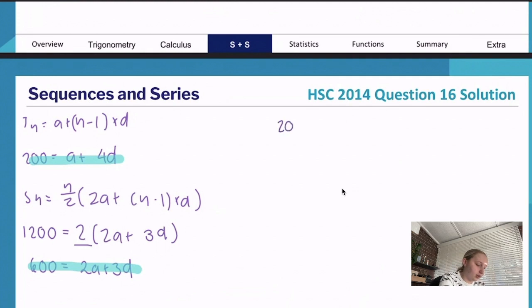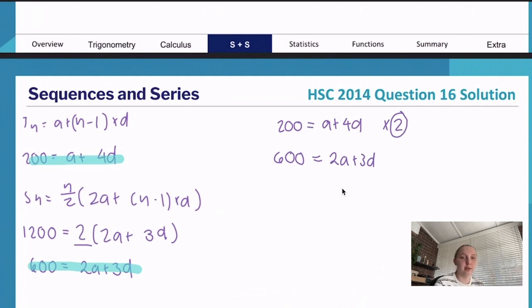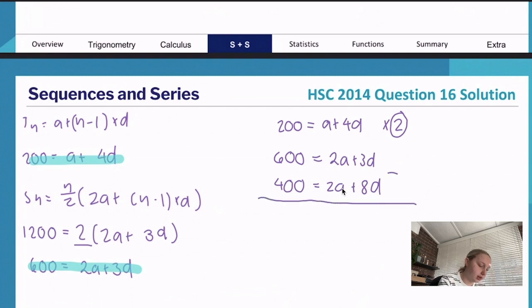If we've got 200 equals a plus 4d, and 600 equals 2a plus 3d, and we multiply the first one by 2, we get 2a, which will help us eliminate a. So then we'd get 400 equals 2a plus 8d. If we subtract these from one another, we can get rid of a as a variable.